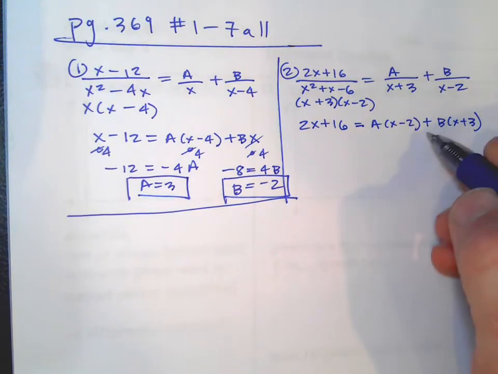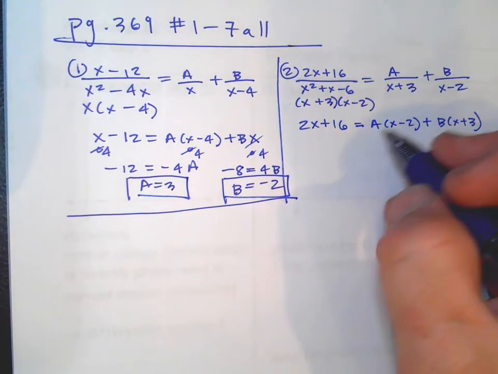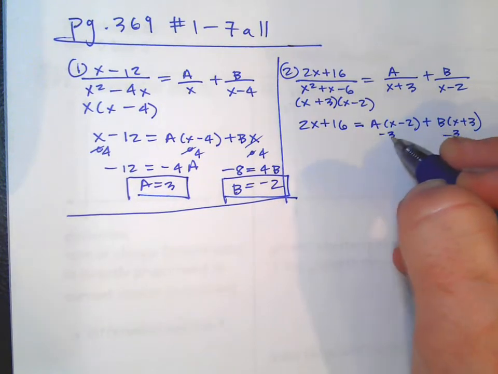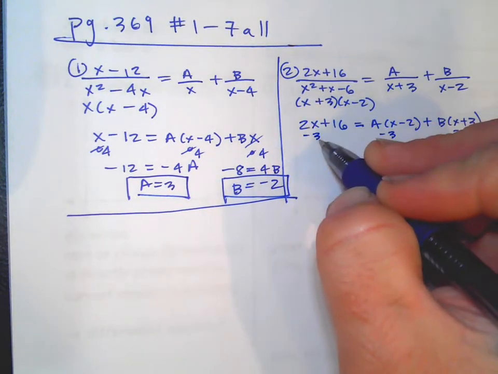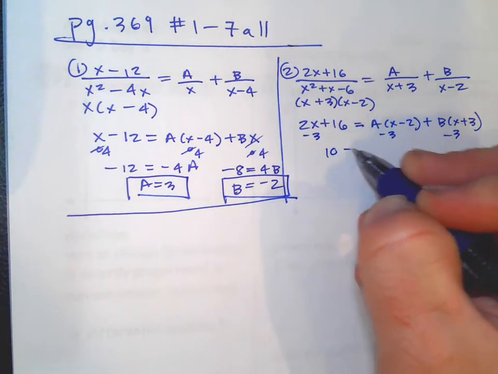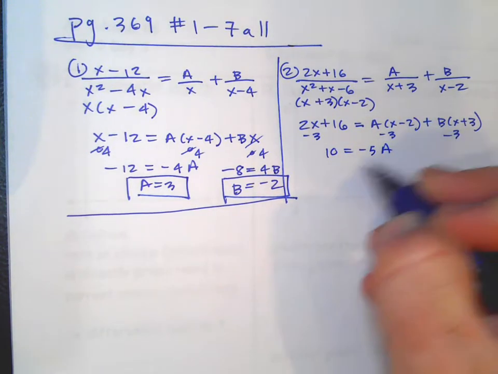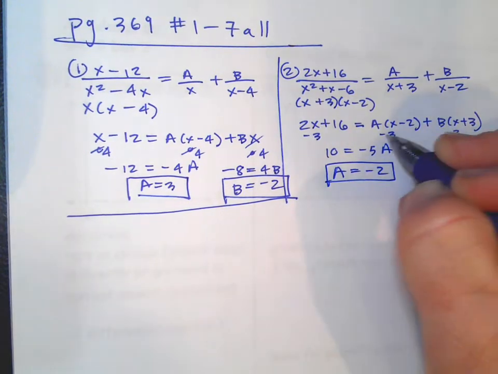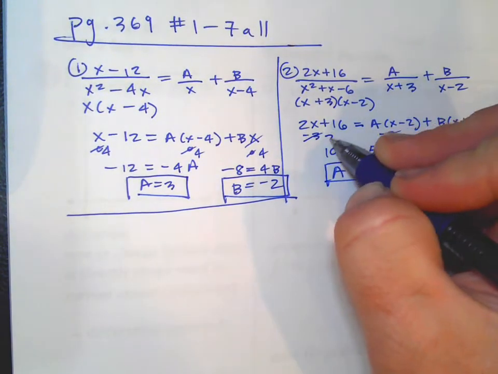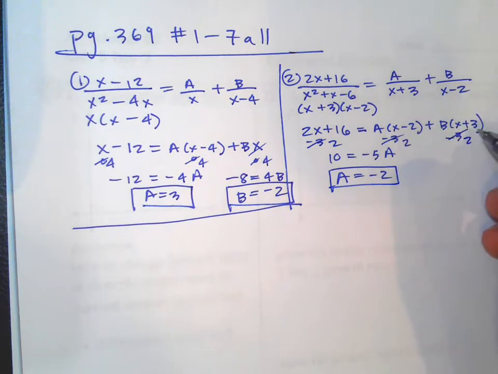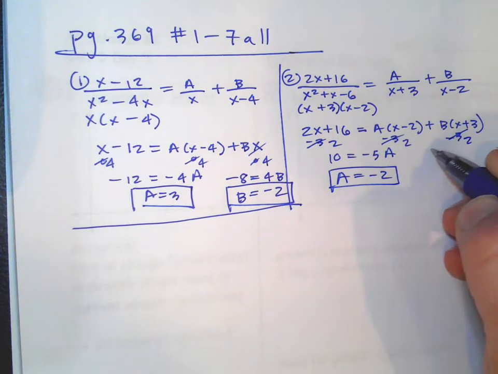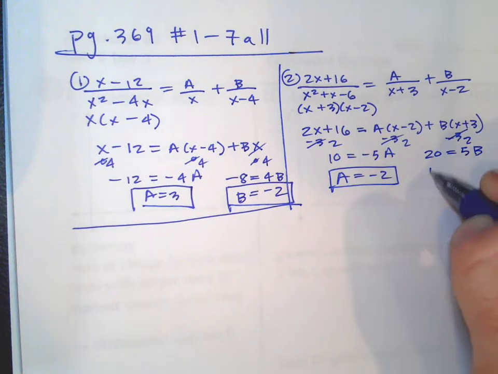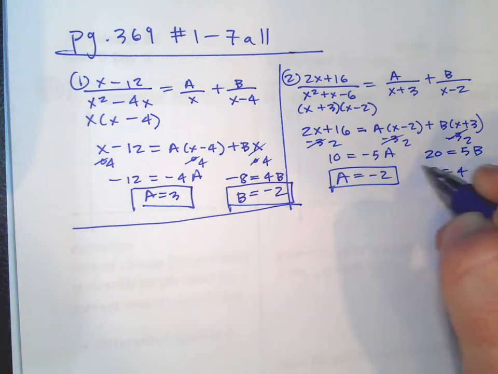Cover-up method, we could get rid of A first or B first, doesn't matter. If I get rid of B, I would plug negative 3 in for all the x's. That'd be negative 6, that'd be 10 equals negative 5A. A equals negative 2. Otherwise, we could plug 2 in everywhere, and that would get rid of the A term and leave you with 20 equals 5B. B equals 4.